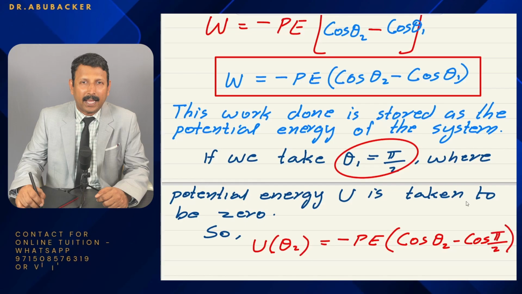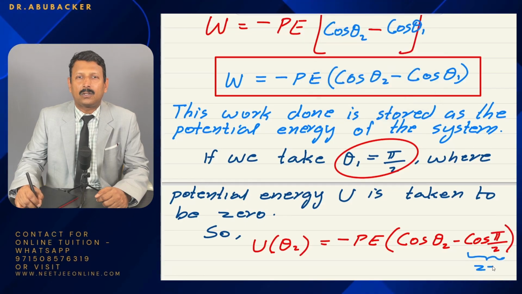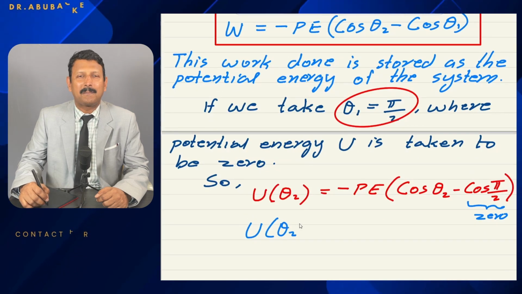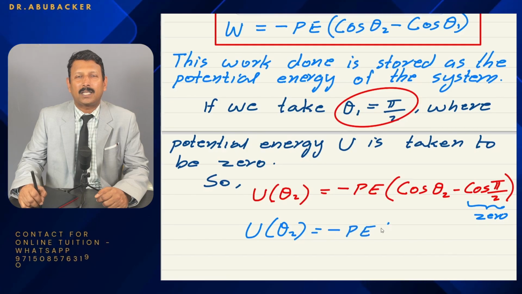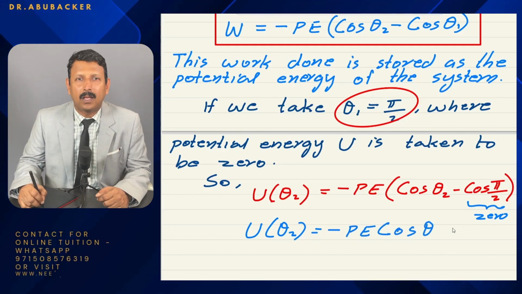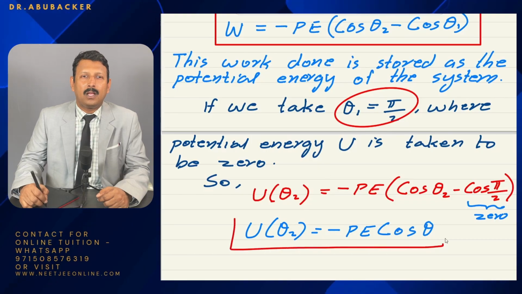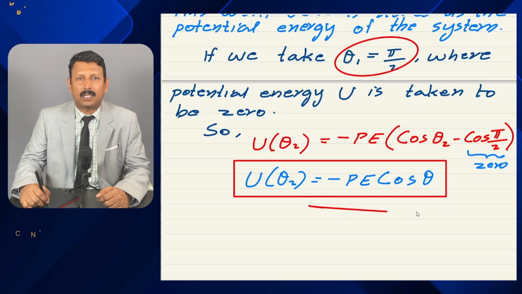You know the value of cos 90 is 0, so that part you don't need to write. So U of theta is equal to minus PE cos theta 2, or generally we can say minus PE cos theta. This is the expression we were searching for.